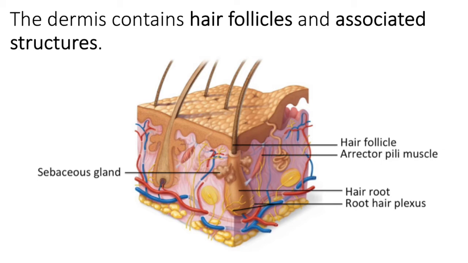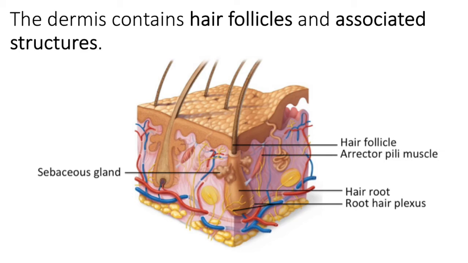So when you run your finger across your eyelashes very gently, the reason why you can feel your eyelashes being moved is because every single one of those eyelashes has a root hair plexus, and you can detect distortion. So all hair in the body has a root hair plexus.